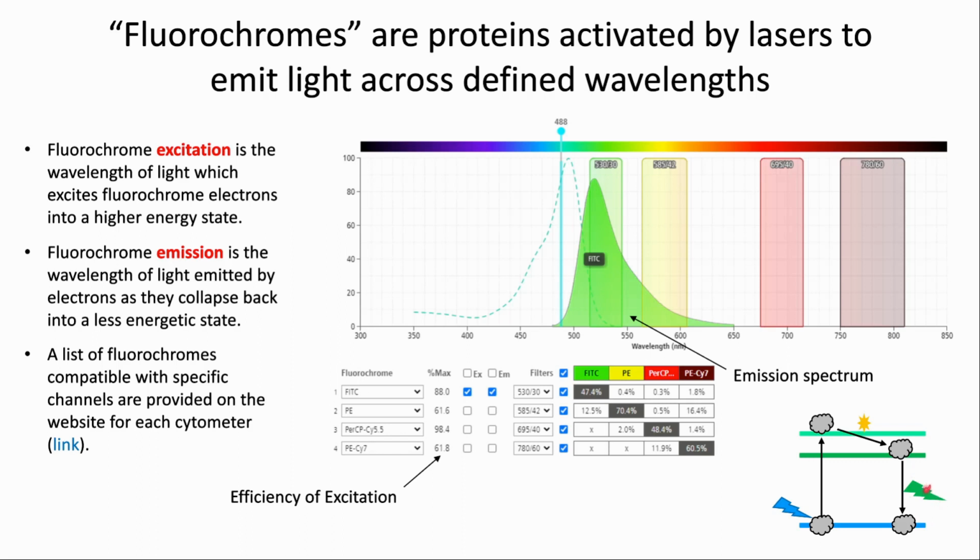This light is shifted relative to the incoming light to a longer wavelength, which is then read out by the machine. A list of fluorochromes compatible with the specific channels and with our instruments is discussed in our panel design module. We also have a link on the website to specific channels and corresponding fluorochromes provided here.